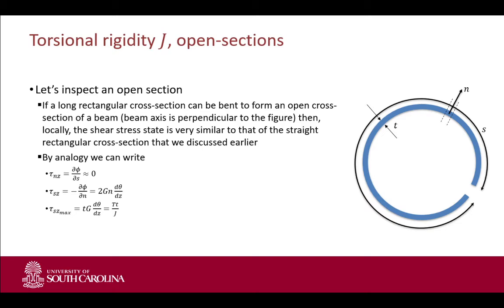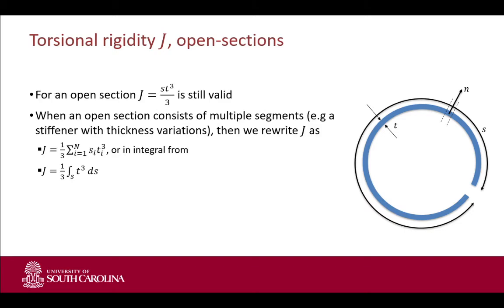We get that tau_s max is equal to the thickness times the shear modulus times d phi/dc, which is equal to the torsion multiplied by thickness over J, the torsion rigidity. And again, for an open section, our J, because we use the same principle, is still valid.